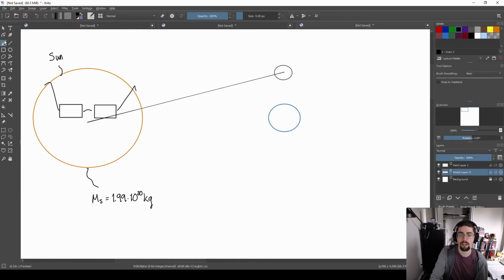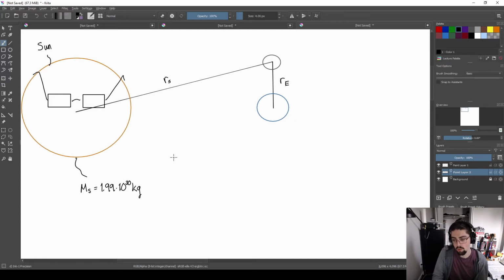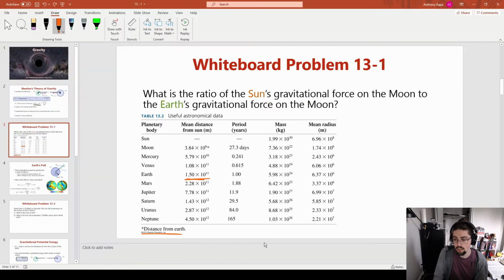That straight line right there is what I will call R sub S, radius from the sun. I'm going to do the exact same thing with the Earth. Call it R of E, radius from the Earth out to the moon. And then, of course, these other quantities: the mass of the moon, should we need it, is going to be 7.36 times 10 to the 22nd.